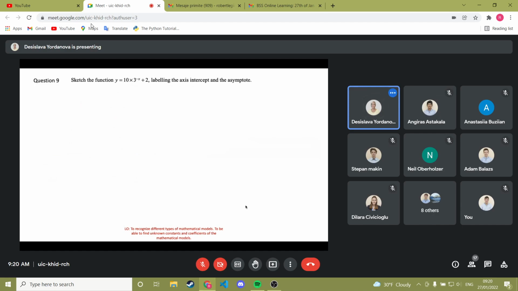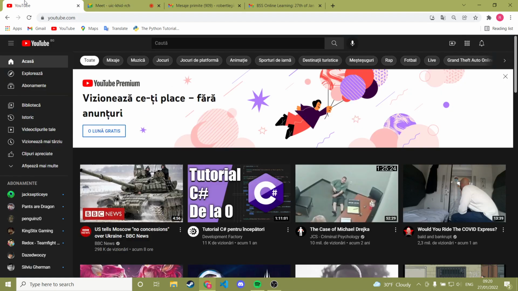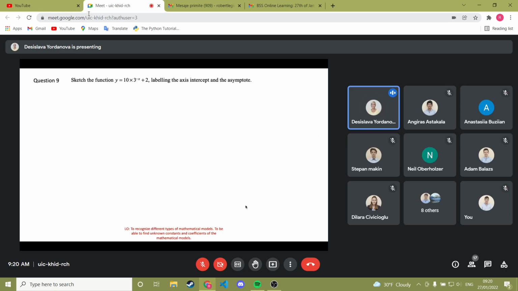Okay. Sketch the function 10 times 3 to the power of minus x plus 2, labeling the x-intercept and the asymptote. Again, to be clear, when they say sketch the function, this means to graph it with your calculator and then sketch it on your paper, notebook or exam paper, not being precisely accurate, but as close as possible to the graph on your calculator.